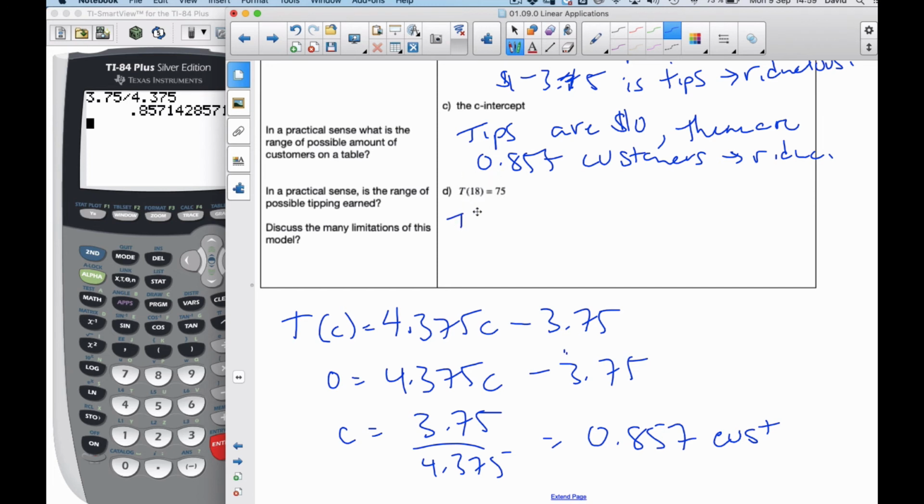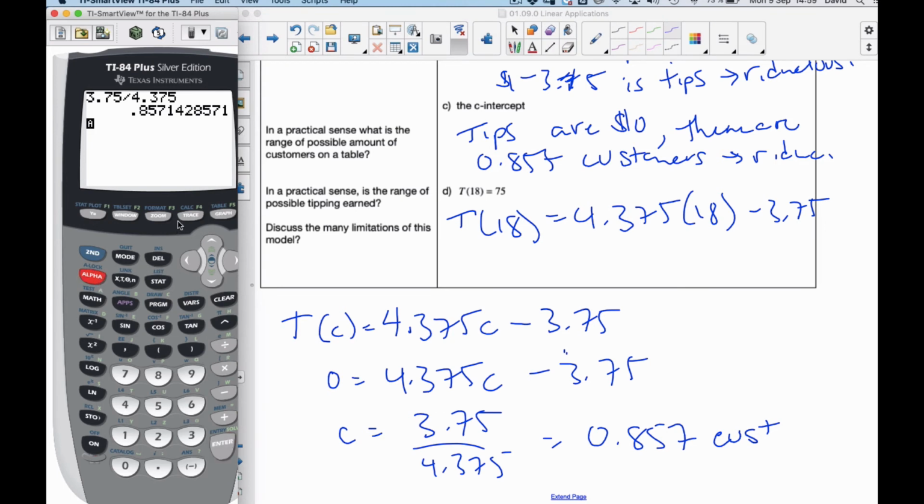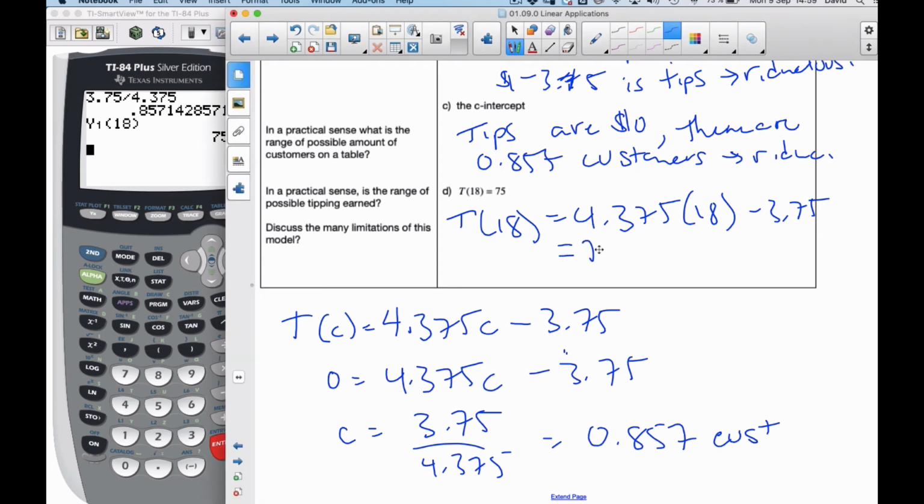So to try this one, t at 18, well, that's 4.375 times 18 minus 3.75. If I go to here, I'll show you a new way of trying it. If I go alpha trace y1, and if I type in 18 and enter, it will find me the value. It equals 75, and so this is a true statement.